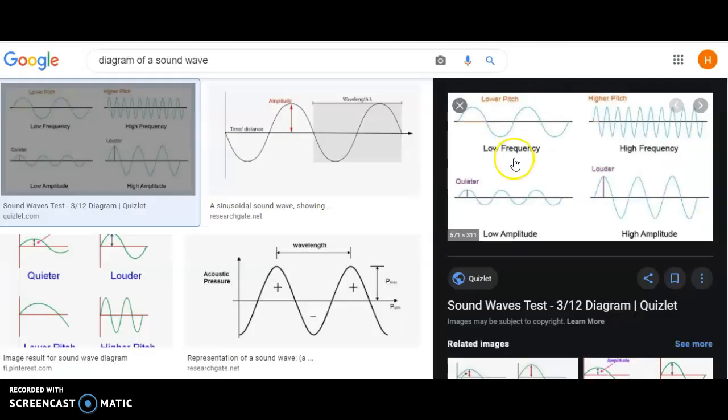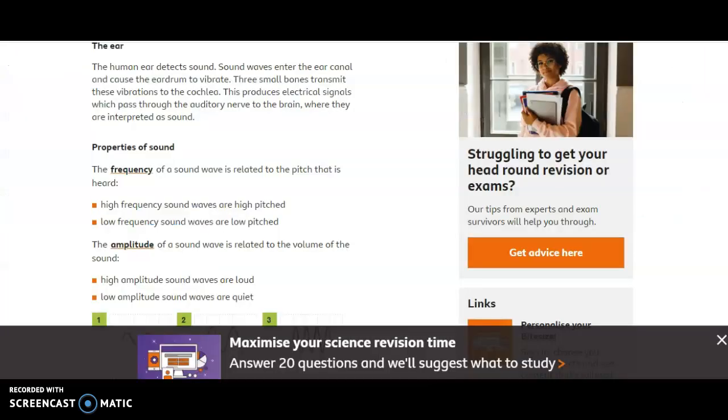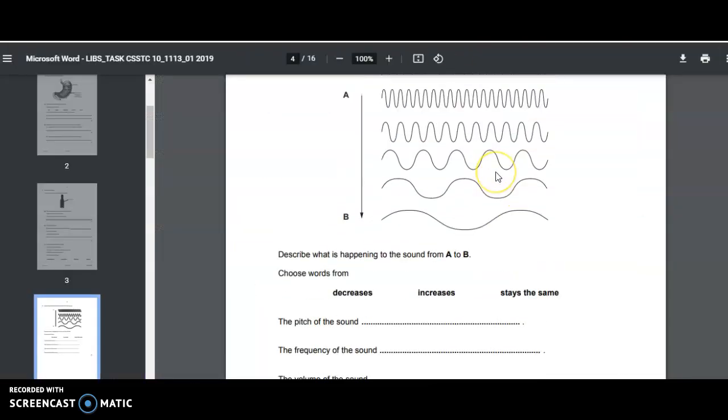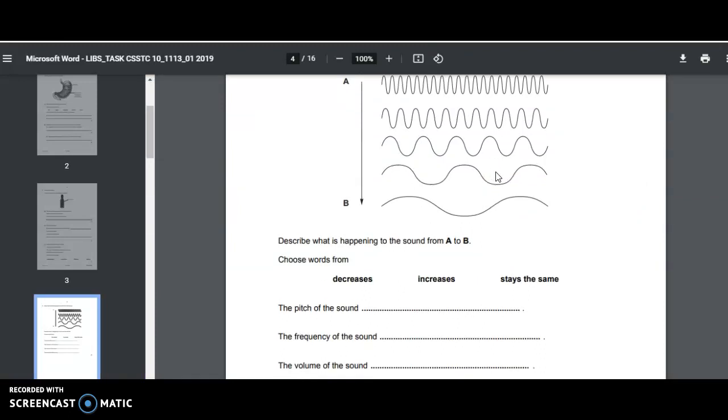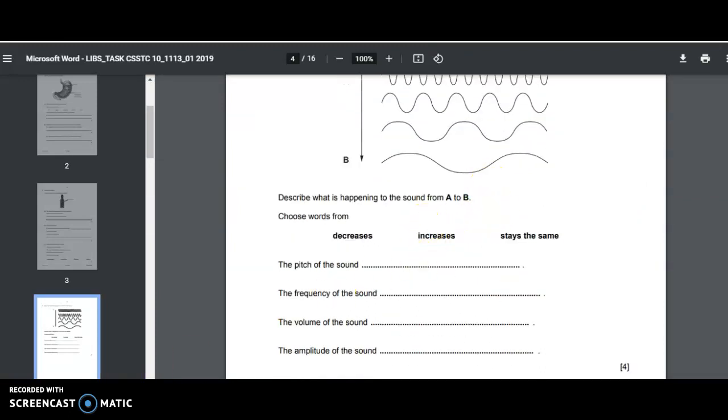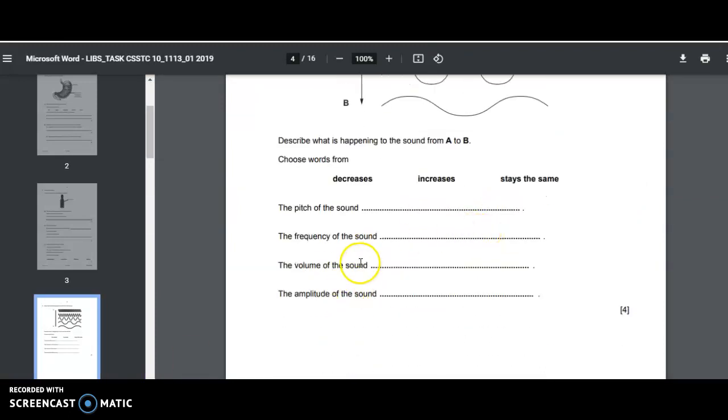We learned that it's going to be louder with a higher wave. So therefore, we can see that the answer for volume is it stays the same.